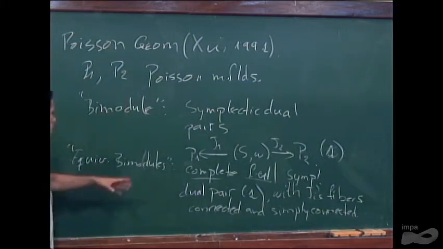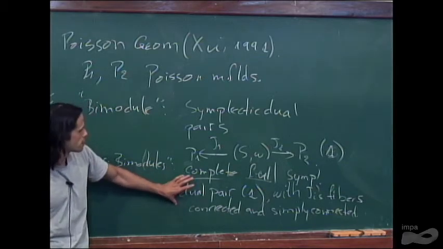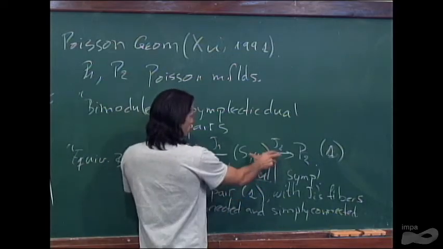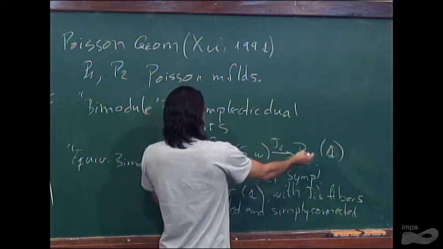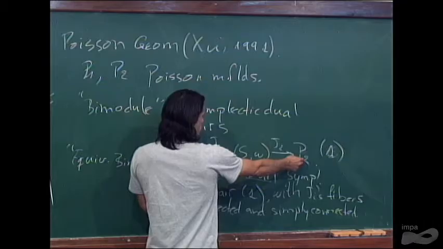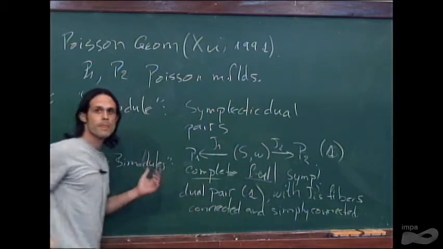So you have all these topological conditions here. You can define a good notion of tensor product between symplectic dual pairs that allows you to show that the relation established between P1 and P2 by this kind of structure is, for example, transitive.